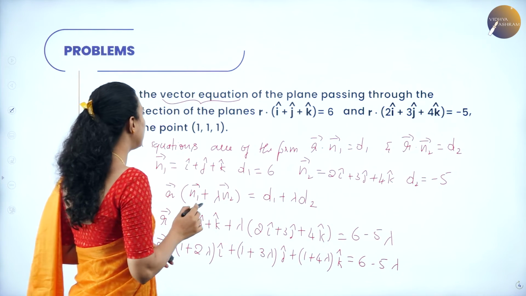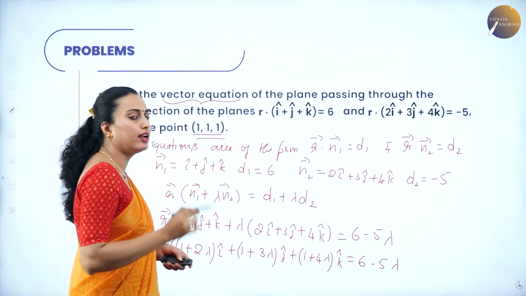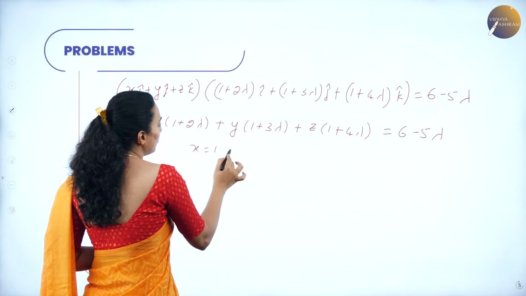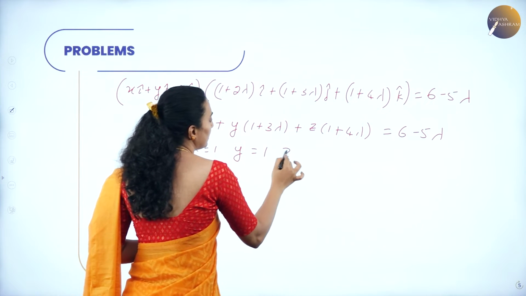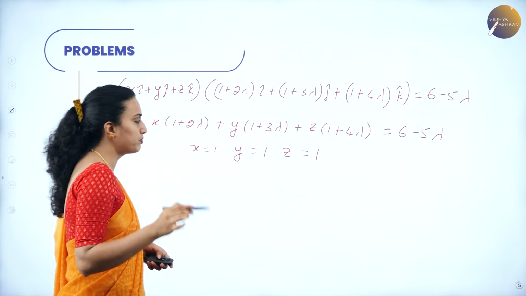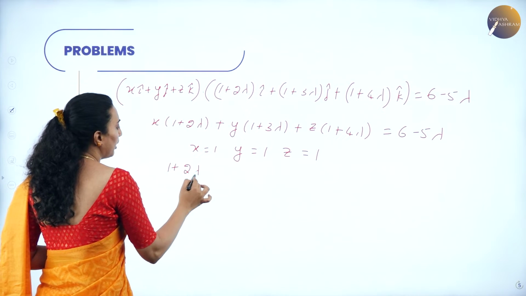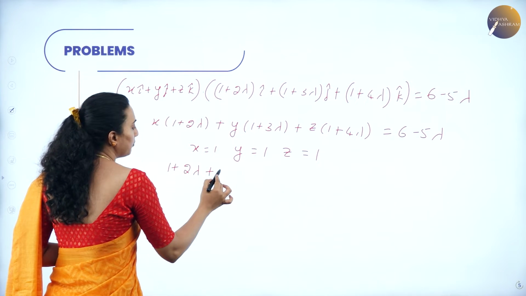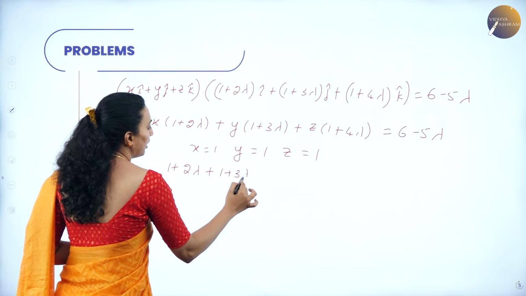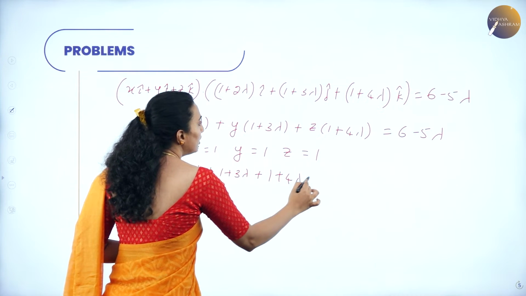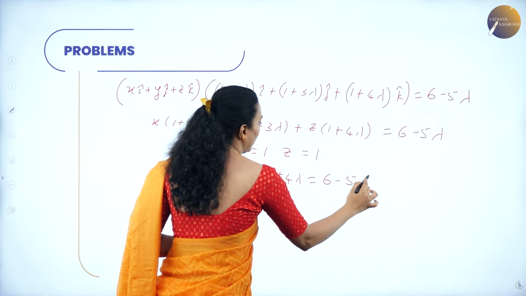What they have given: passing through the point 1, 1, 1. So x is equal to 1, y is equal to 1, z is equal to 1. Substituting that, 1 into anything will be the same thing. So 1 plus 2 lambda plus 1 into 1 plus 3 lambda is 1 plus 3 lambda only, plus 1 into 1 plus 4 lambda is the same thing, is equal to 6 minus 5 lambda.